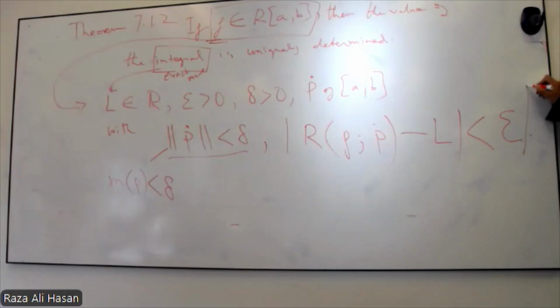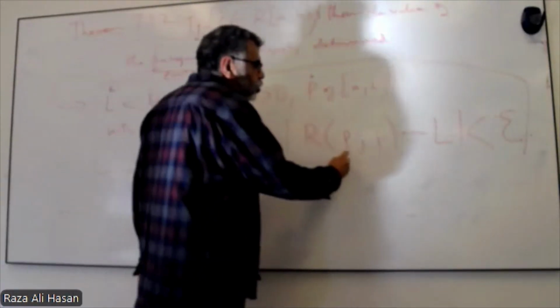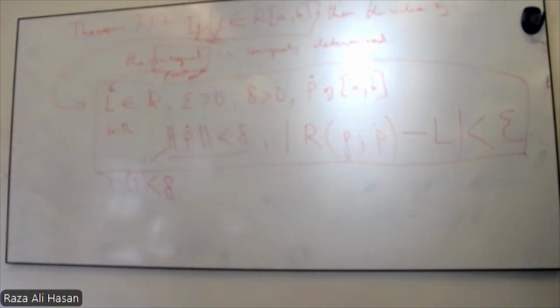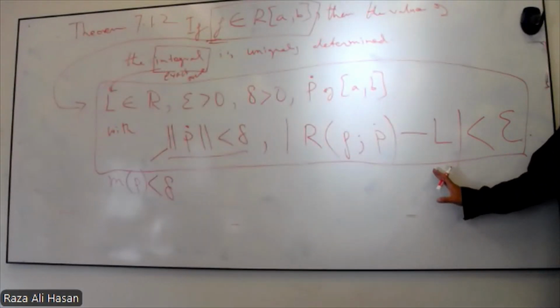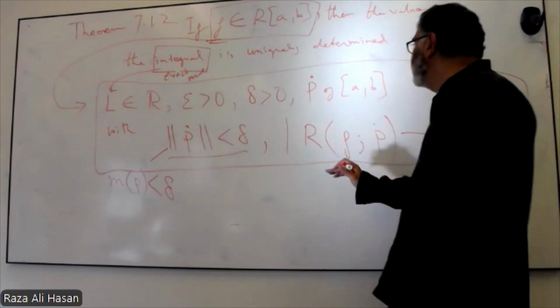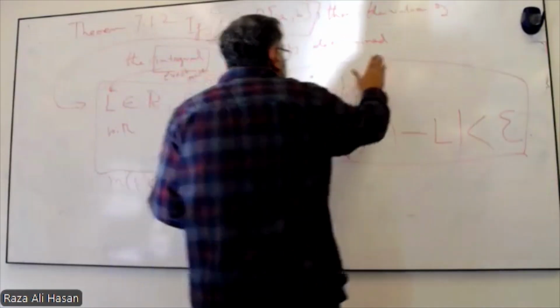We're going to use this business to show that if a limit of a Riemann sum exists, it is only one number. In other words, this graph here, I'll draw it right here.